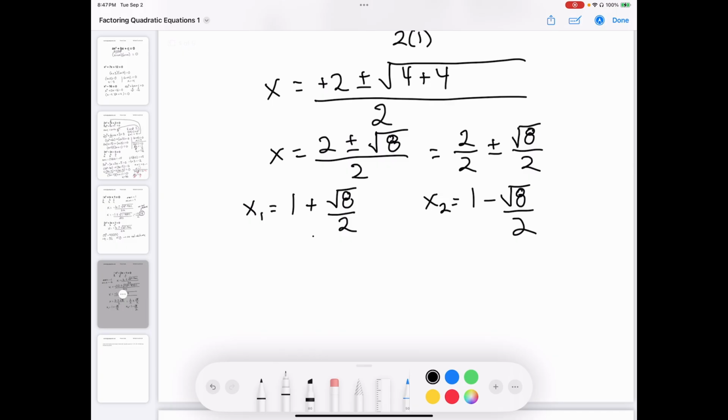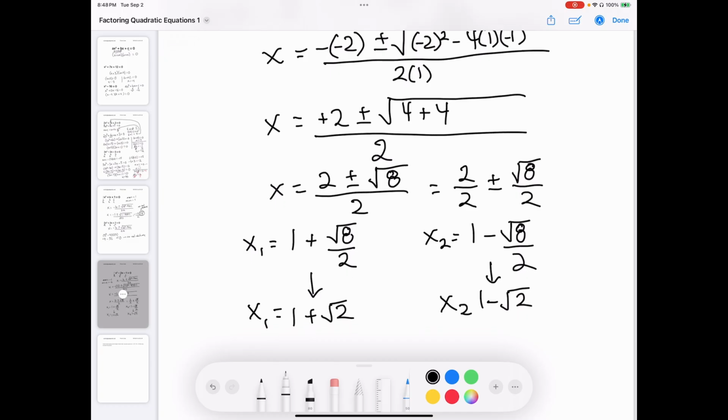Perfect. I'll leave you to simplify this even further if you want to, but this comes out to 1 plus square root of 2, and this one comes out to 1 minus square root of 2. Okay, so those are our two solutions here.